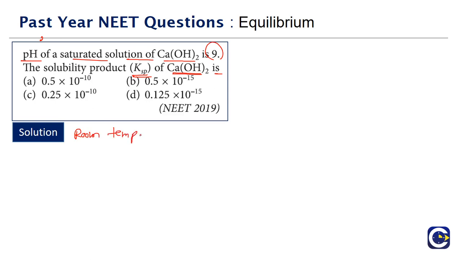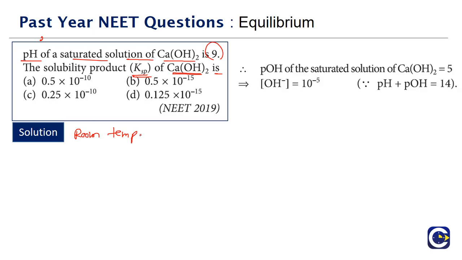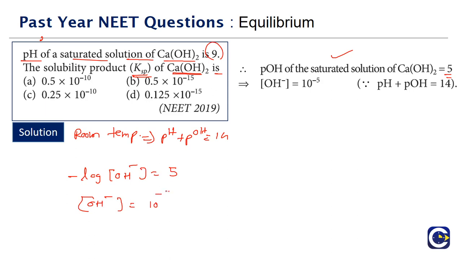If they are giving us pH of the solution as 9, and we consider that the temperature is room temperature, the value of pH plus pOH will be equal to 14. So if pH is 9, then pOH will be 14 minus 9, which is 5. pOH is nothing but minus log of OH minus ion concentration. This is 5, which means OH minus ion concentration will be 10 to the power of minus 5.